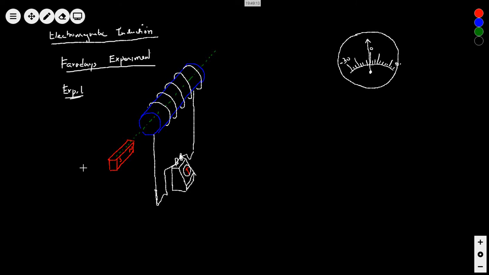What he did is that when he took this bar magnet towards the coil, he observed deflection in the galvanometer. So first, do you understand the setup? What is the setup?